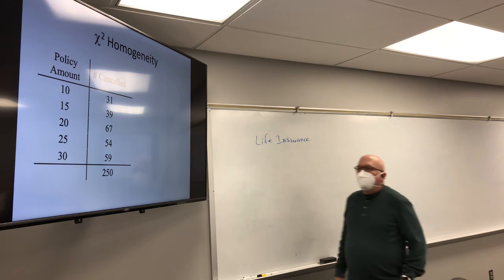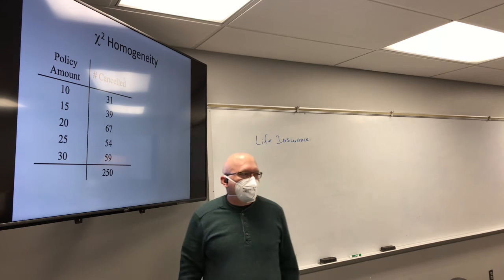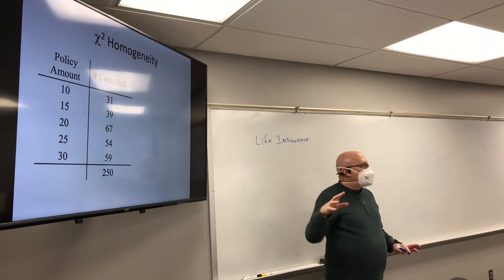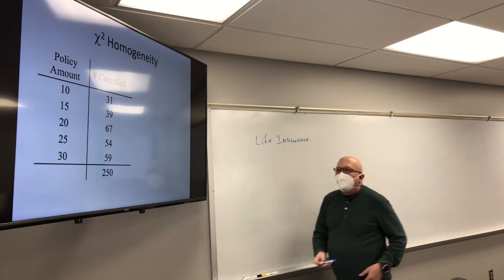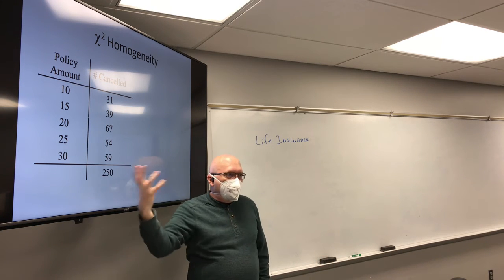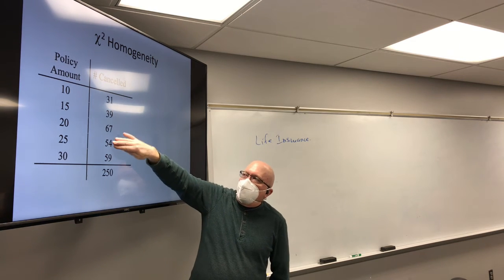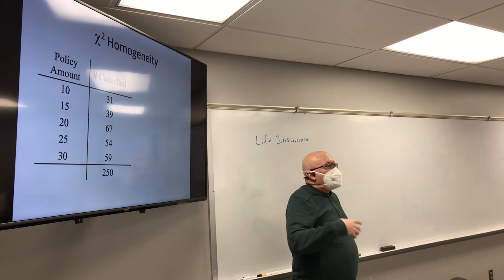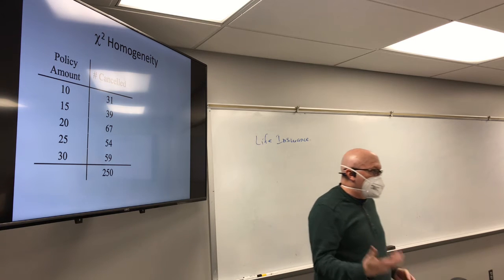So they looked at policies of different amounts, and they looked at the number of individuals who canceled the policy. And what they want to know is, is there any difference among these categories? This is a chi-square test of homogeneity because they don't have any theoretical model. They're basically asking, are these proportions different from the proportions you would expect if everybody canceled equally regardless of the coverage of the policy?